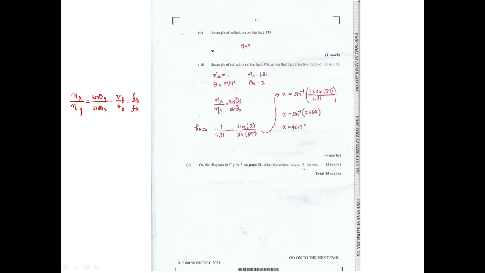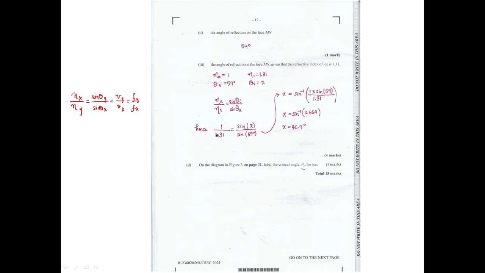So that will be written right here. And then they gave us the refractive index of ice, and now we have to look for the angle of refraction within the ice, right?